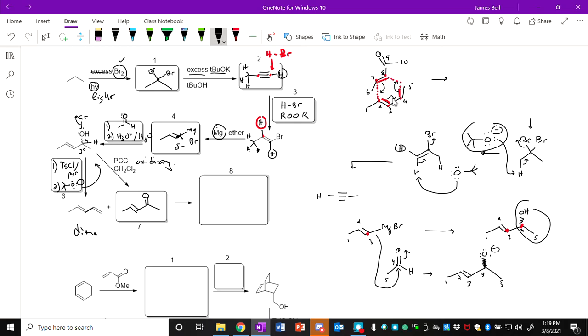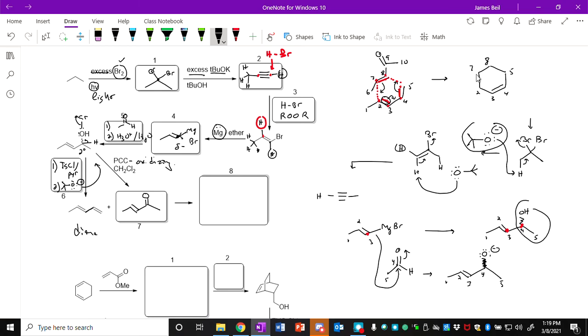If it's a Diels-Alder, meaning it's a 4 plus 2 cycloaddition where I've got 4 pi electrons on one molecule and 2 on the other, I should always be making a new 6-membered ring. So I could show now carbons 2, 3, 4, and 5 connected to 7 and 8. And this pair of electrons shifts in there, so I do also still have a pi bond between 3 and 4.